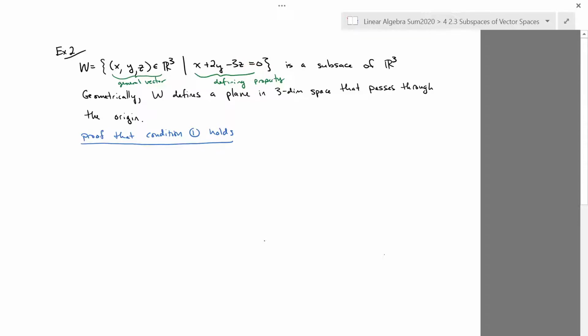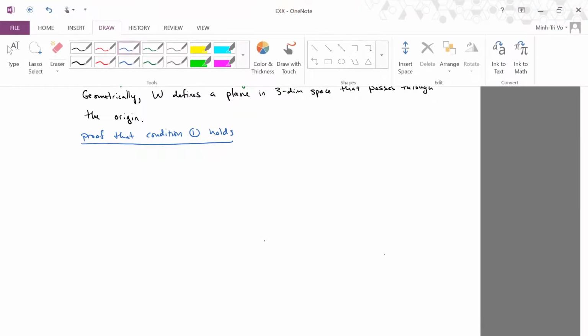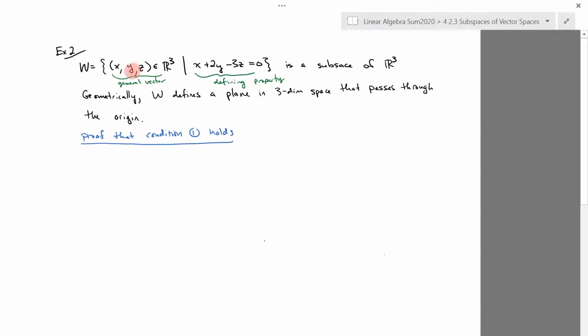Okay, so let's verify. The claim is that this subset is a subspace, so we need to verify the two conditions. Condition 1 is that it's closed under vector addition. Again, we start with two arbitrary vectors.